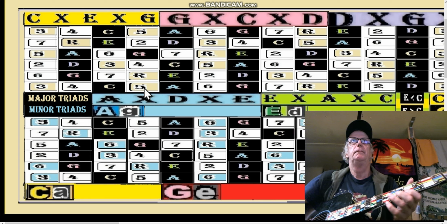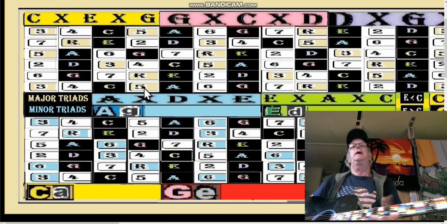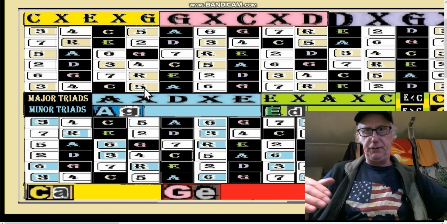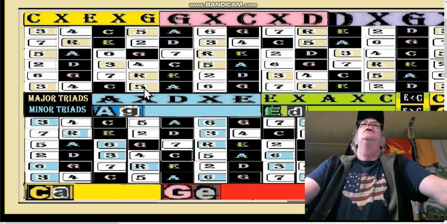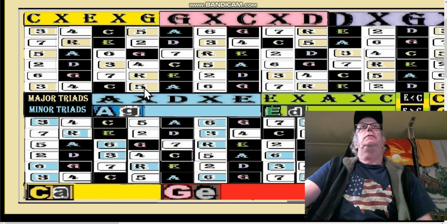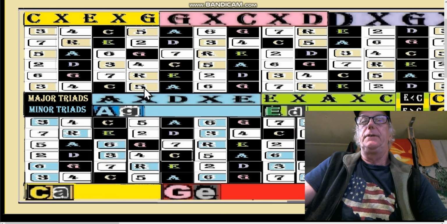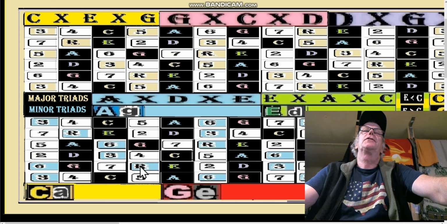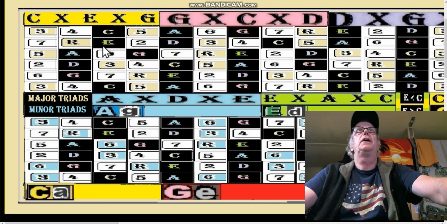So the second thing I played fits into the first thing I played. That's an important point: the relative sixth arpeggio fits into the parent pentatonic scales in that C box.